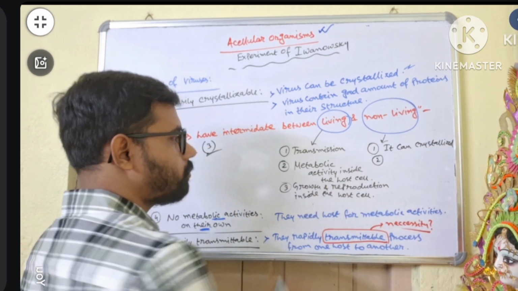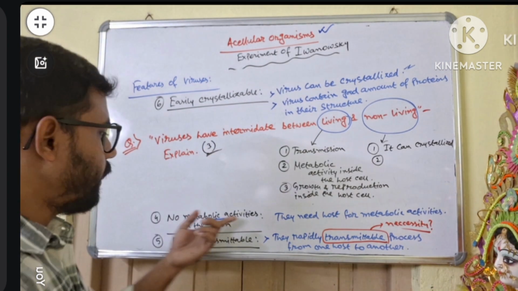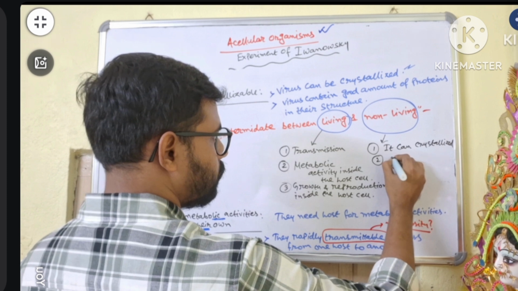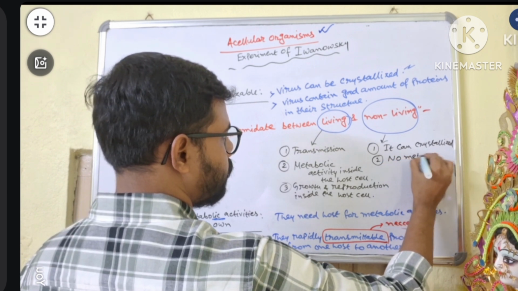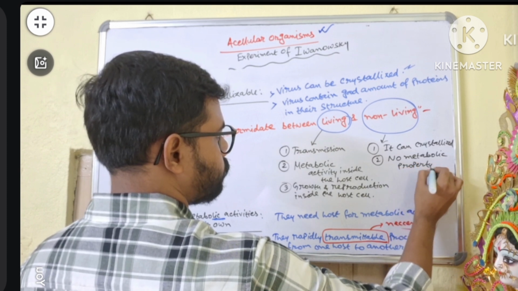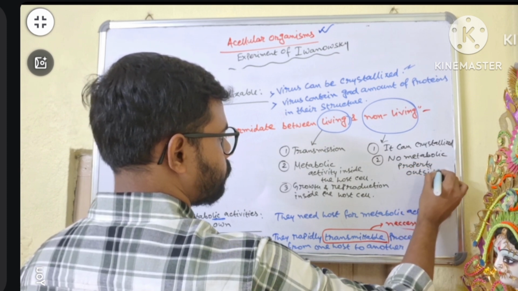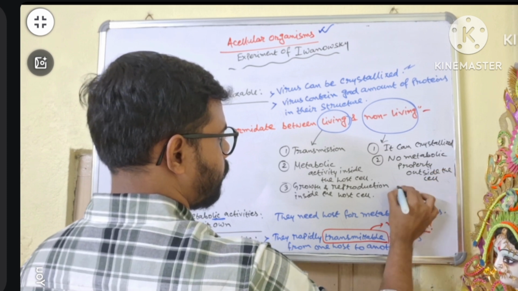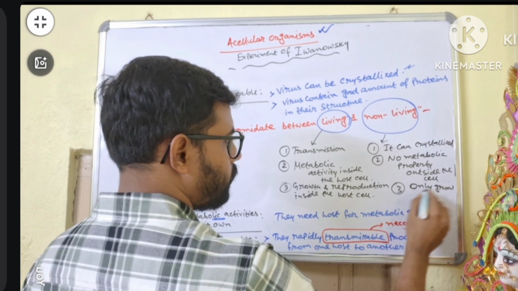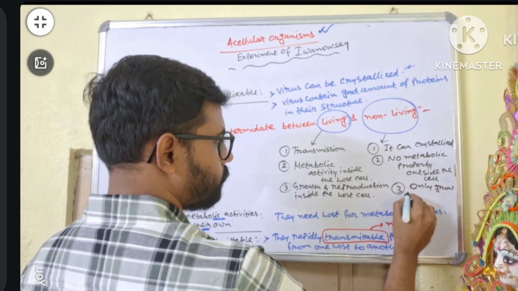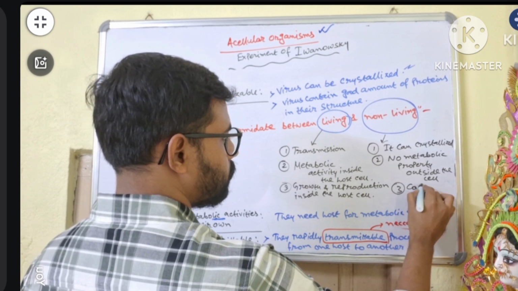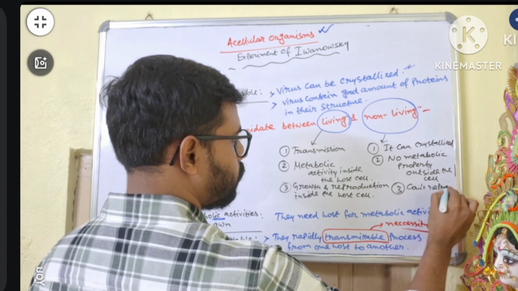Number 2, outside the host cell, they have non-living-like properties. They cannot grow, and they do not have any metabolic properties. No metabolic property outside the cell. Number 3, they only grow inside the cell, or rather, they cannot reproduce outside the host.